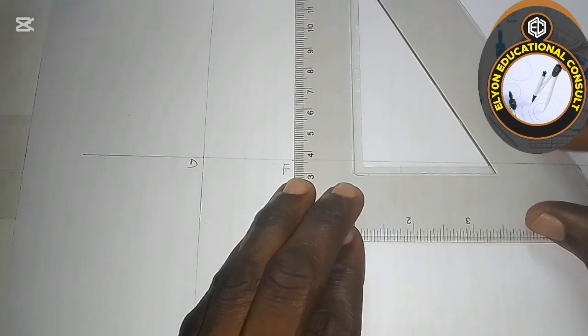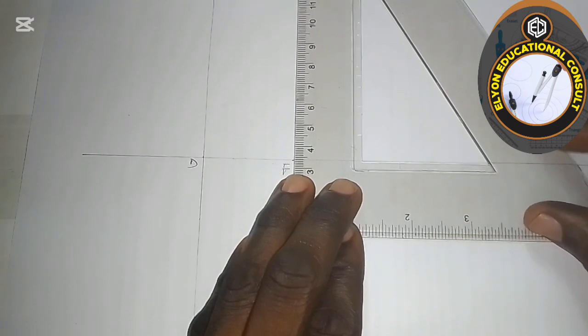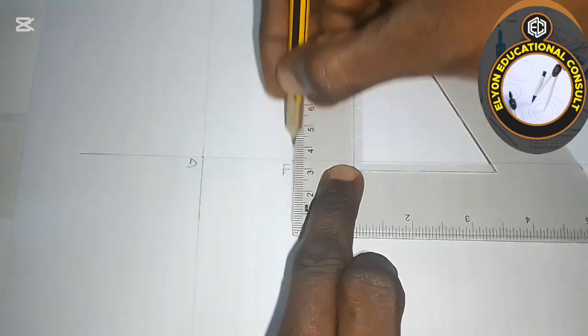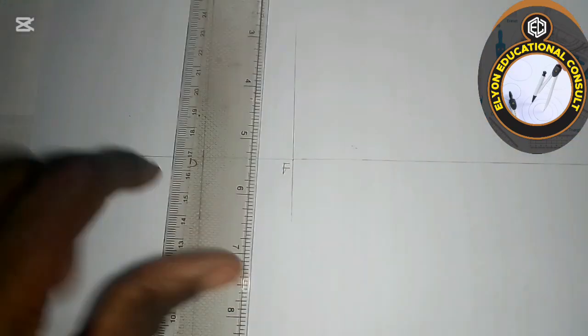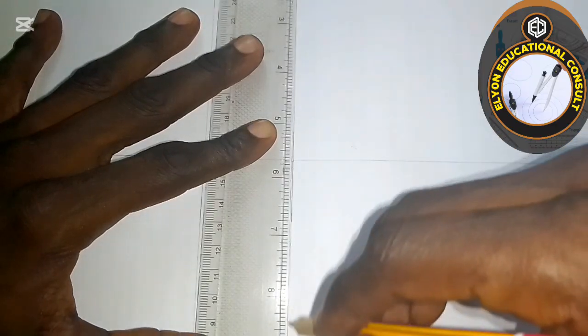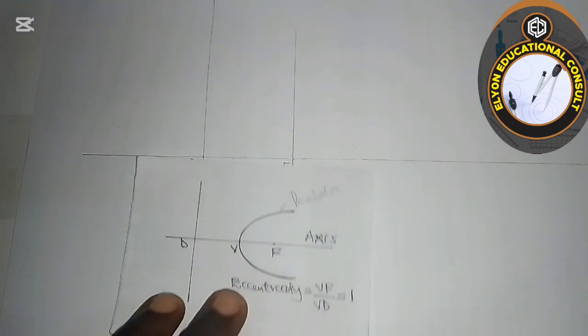Then I will draw a perpendicular line this way. Then we need to locate the vertex, just like I explained earlier.